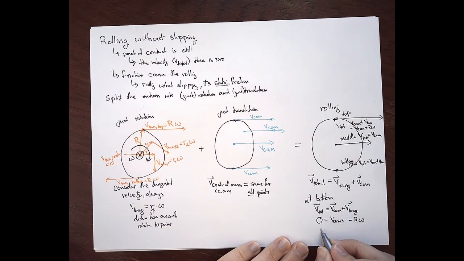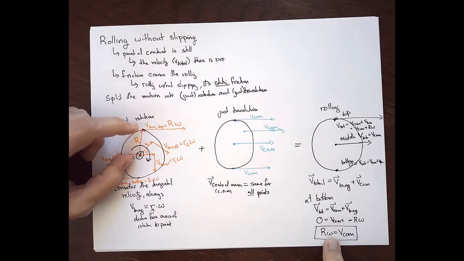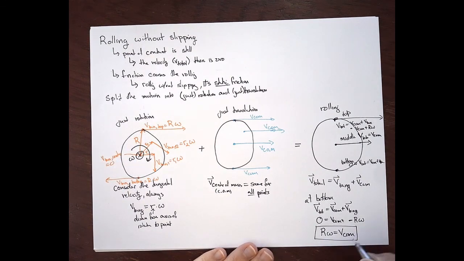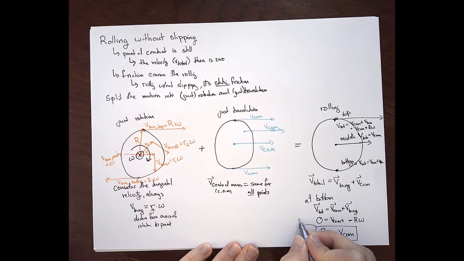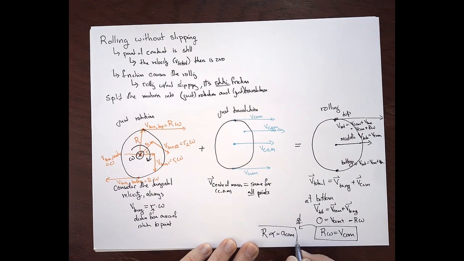And that tells us that when it's rolling without slipping, the center of mass velocity is equal to the outside radius, big R, times the angular velocity. And if we take a derivative of that, the radius isn't going to change, but the angular velocity will become the angular acceleration, and the center of mass velocity will become the center of mass acceleration. So that would be true.